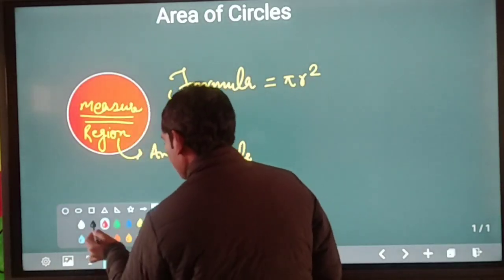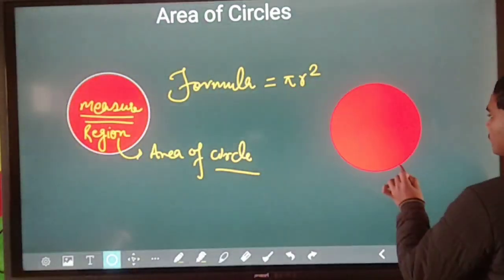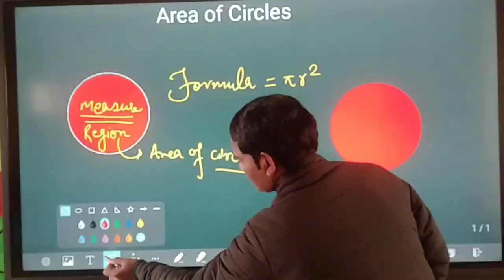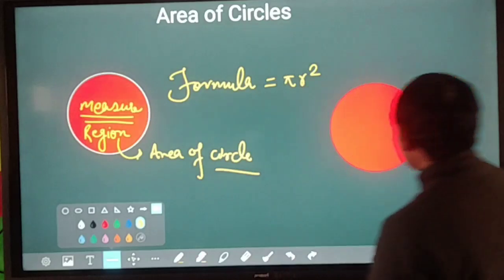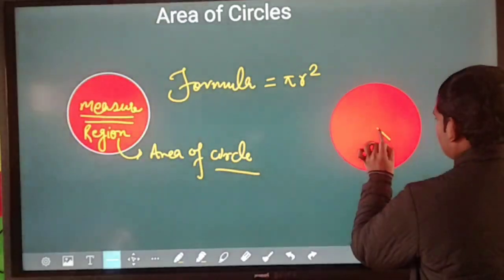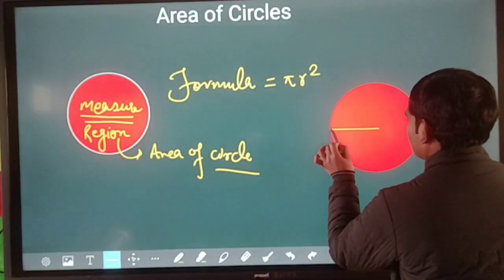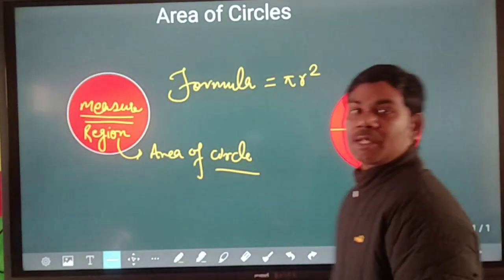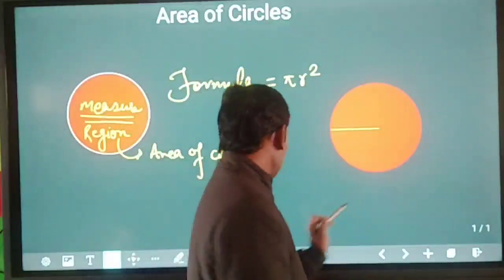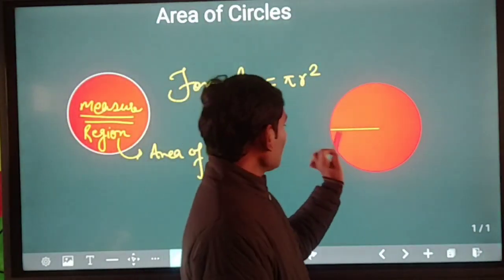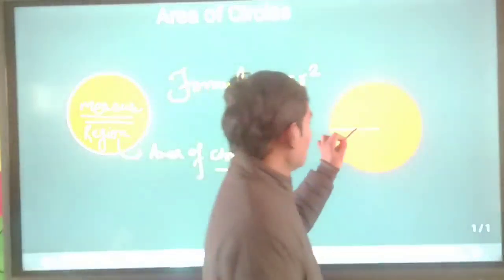If we talk about a circle, the line segment which starts from its center and goes to its boundary is called its radius.